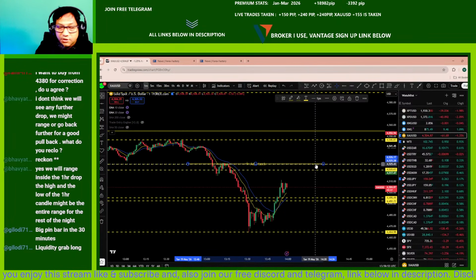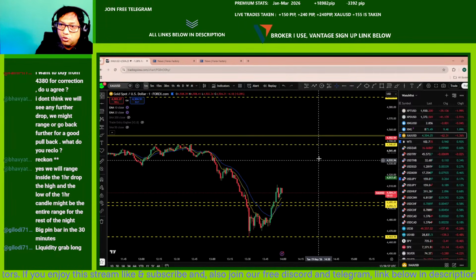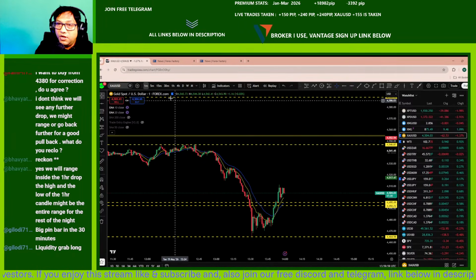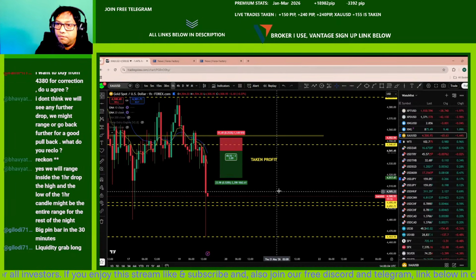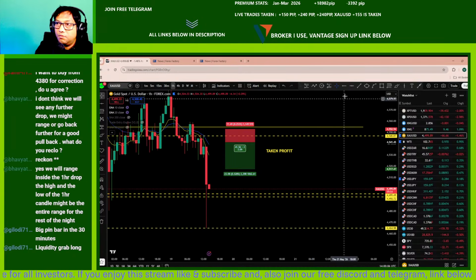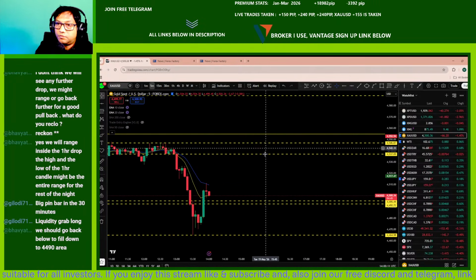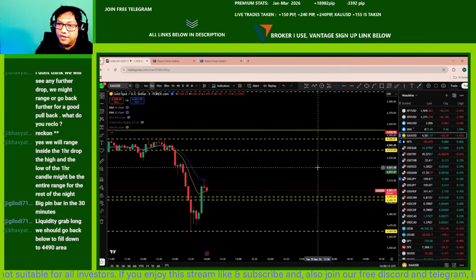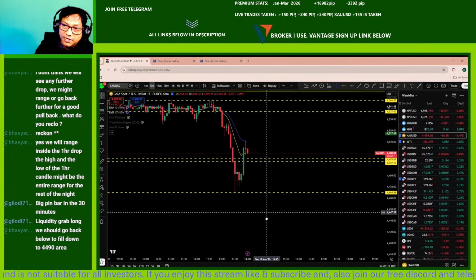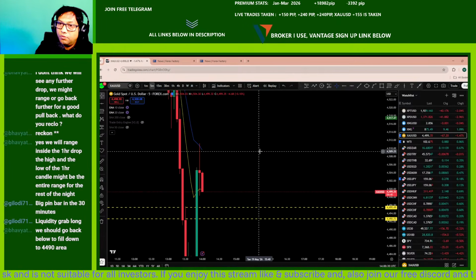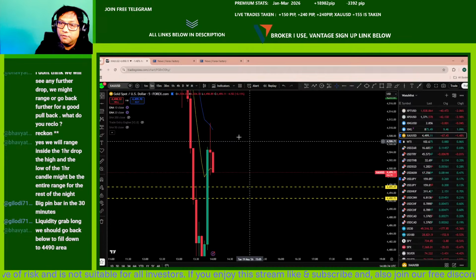The next level where we might see this market be ready to sell again is here, to break this high again. Now it can still continue to drop, still can create a new lower low. You can see the market has created a pretty narrow doji here.